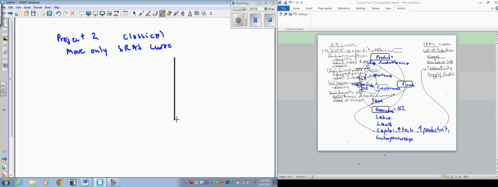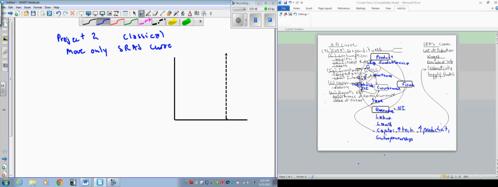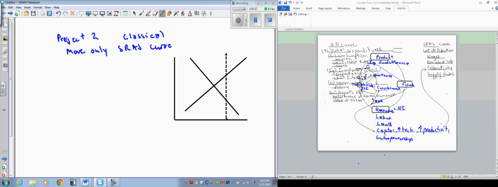scenario, and remember the first scenario is that you have unemployment in the economy. So what you have is you have your intersection of your curves to the left of the GDP natural. So here's where GDP natural is, and your equilibrium is here to the left.